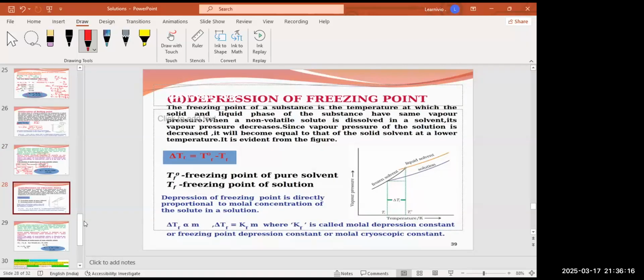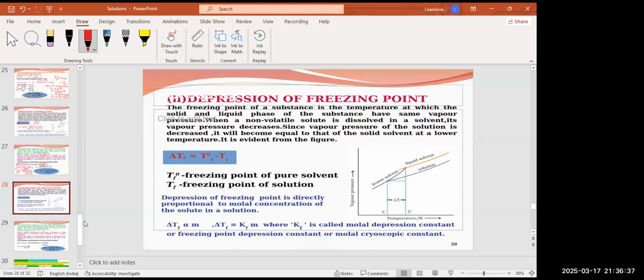Okay, the next colligative property is depression in freezing point. So what is depression in freezing point? Basically, the freezing point of a substance is the temperature at which the solid and liquid phase of the substance have the same vapor pressure.